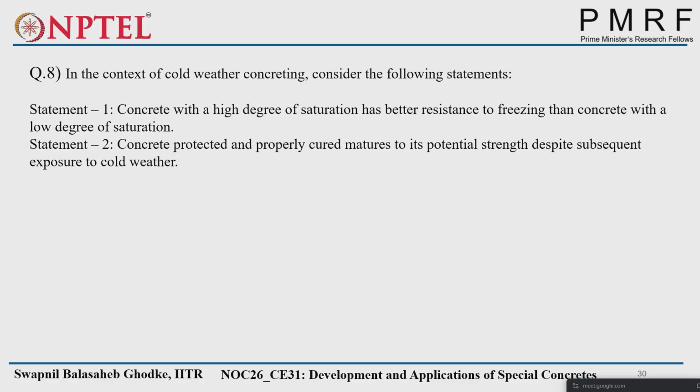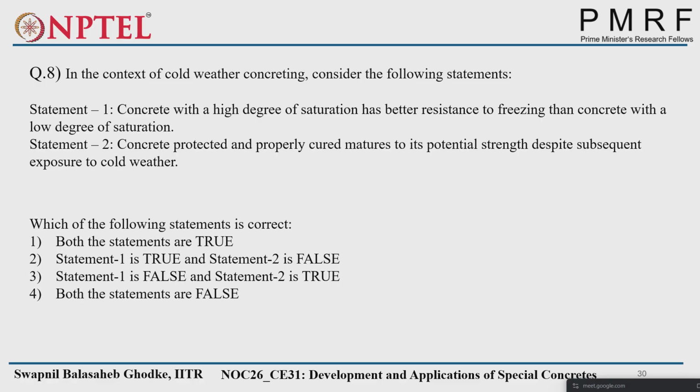So the next question is, in the context of cold weather concreting, consider the following statements. Statement 1: concrete with a high degree of saturation has better resistance to freezing than concrete with a low degree of saturation. Statement 2: concrete protected and properly cured matures to its potential strength despite subsequent exposure to cold weather.